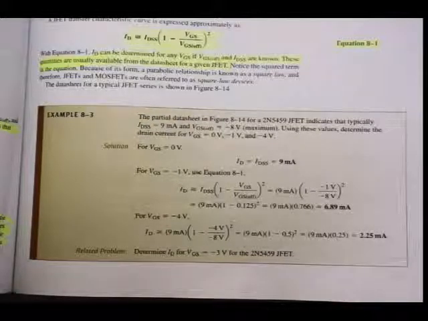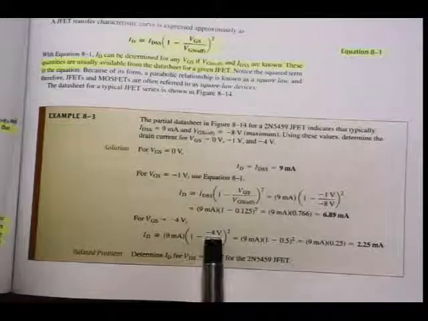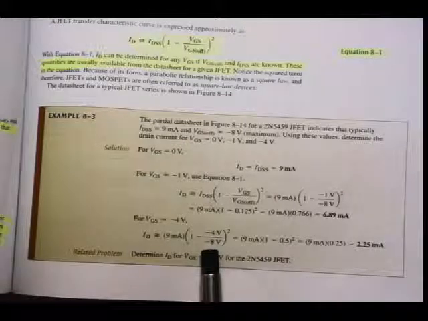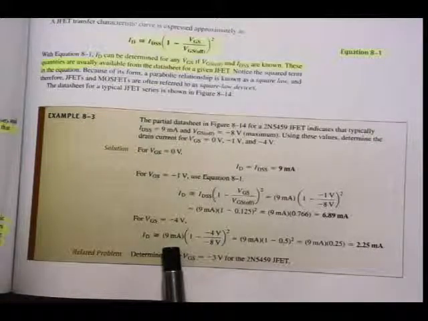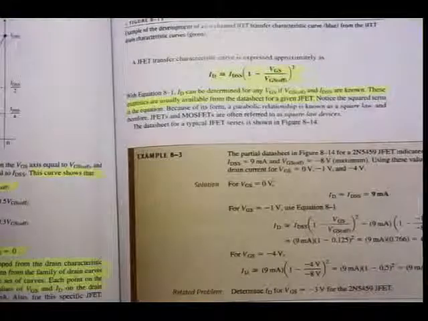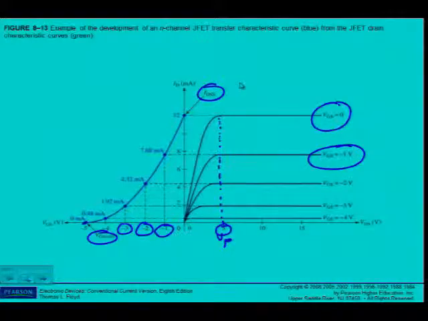For VGS at -4, you can see that the value of VGS is now placed in there, -4 divided by the -8 volts, which has been given for VGS off, and 9 milliamps. So it's as simple as that to use this formula to determine the different values of ID. But now you can see by using that formula, I can draw this curve. I can calculate these values of ID for these specific values of VGS by using formula 8.1.